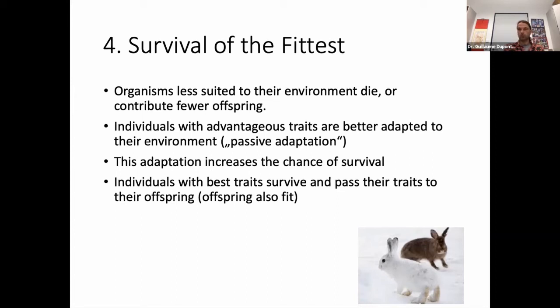If you're a dark wolf on a white snowfield, you will be seen and you will have a hard time to find food and survive. So adaptation really increases survival. And again, it needs to be passed on to the next generation to really make a difference over time in the population.